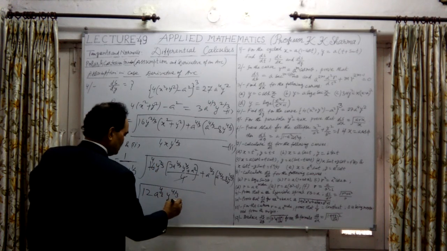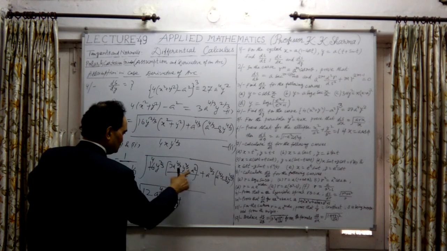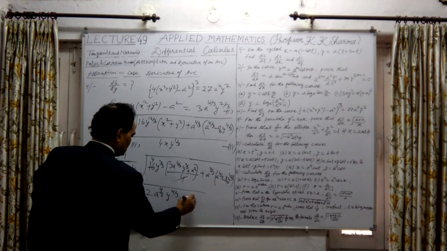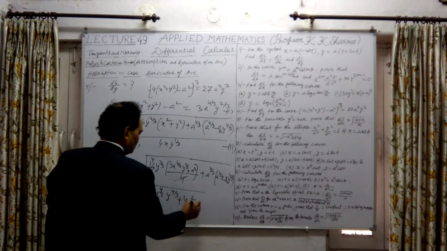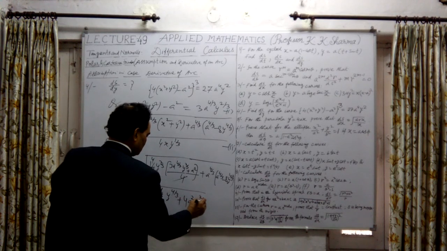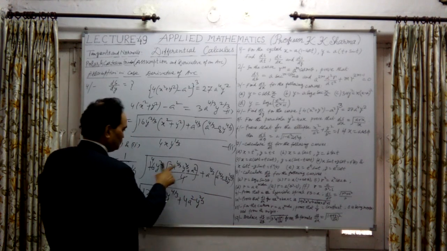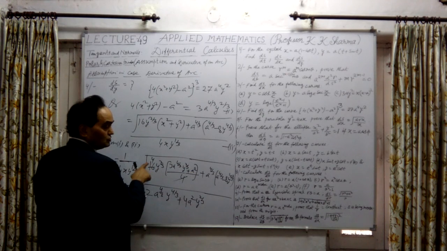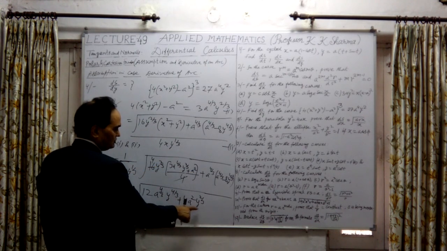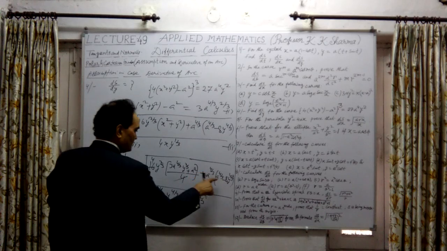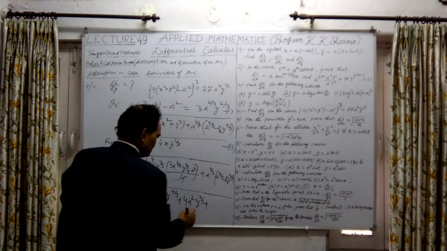First step. Second step will be 4 into a square, this one, into y raised power 2 by 3. Okay, this a square into 4 y raised power 2 by 3. Okay, plus this whole value.